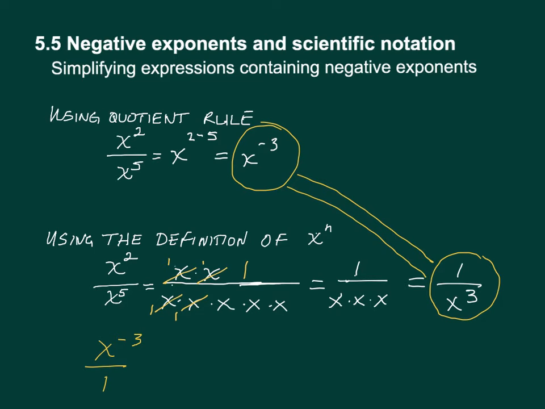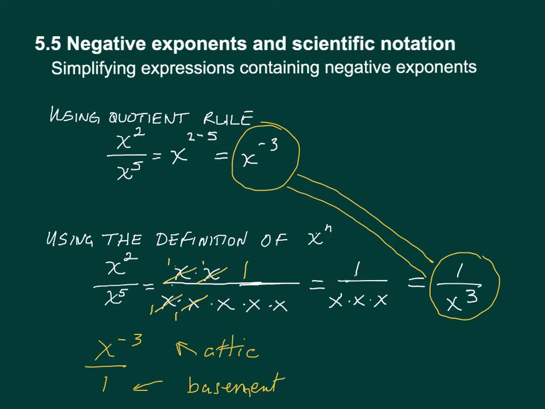Some people call this the attic, and call this the basement. I want to use whatever can help you remember this. So if the exponent is negative in the attic, then you move that term, the x and its exponent, to the basement, and it becomes positive.